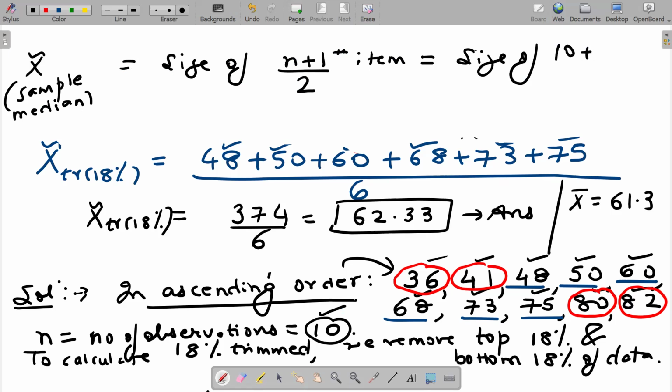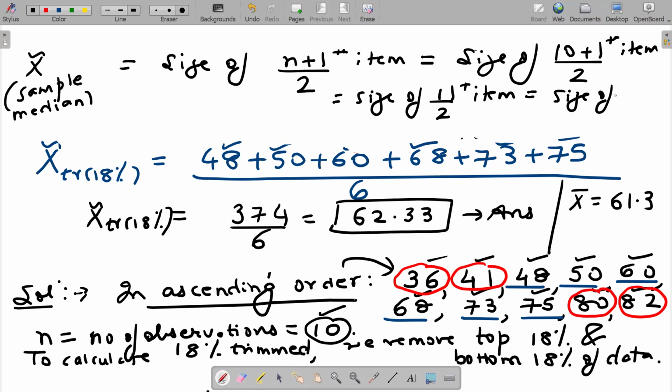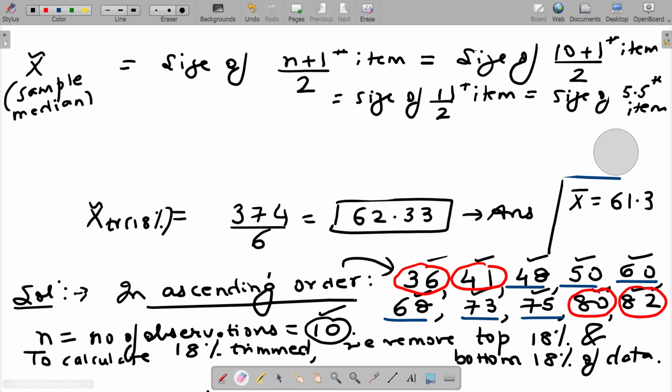So (10 plus 1) by 2th item, which is the size of 11 by 2th item. 11 by 2 is 5.5. So I can write size of 5.5th item. How do I find the size of the 5.5th item?